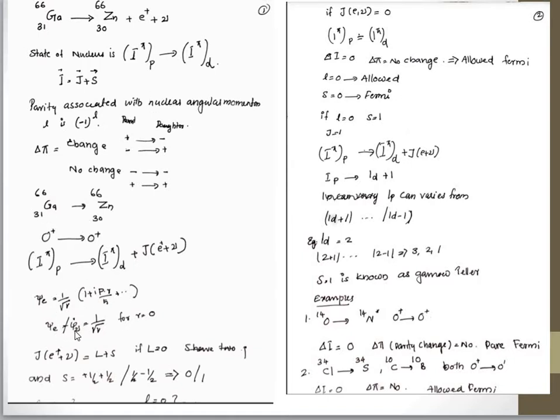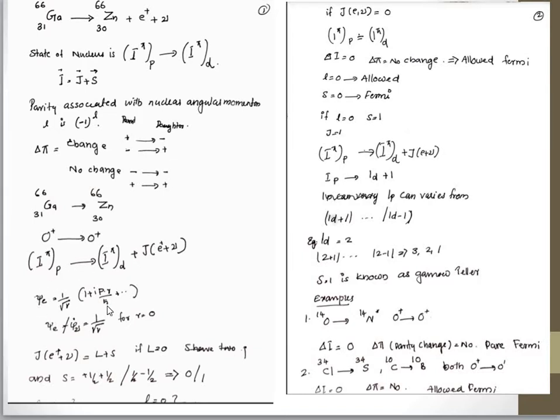So when will this wave function be equal to 1 by square root of V? When r is equal to 0, this term will vanish, and psi e or psi nu is equal to 1 by square root of V. This approximation we already discussed while discussing the theory of beta decay. This is an allowed approximation.